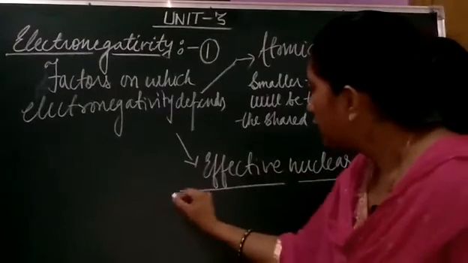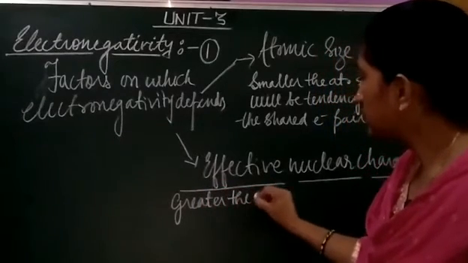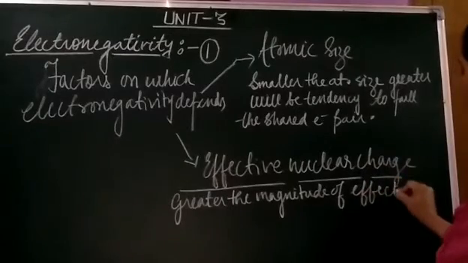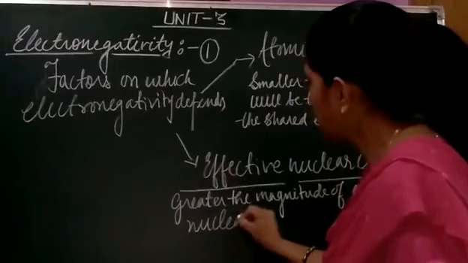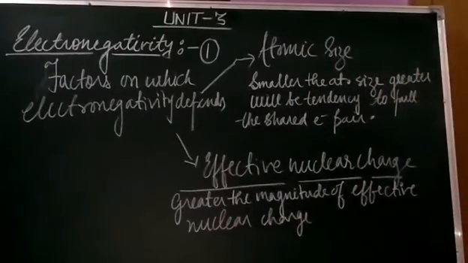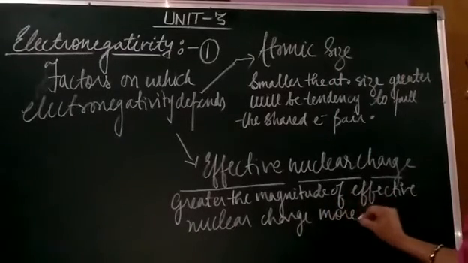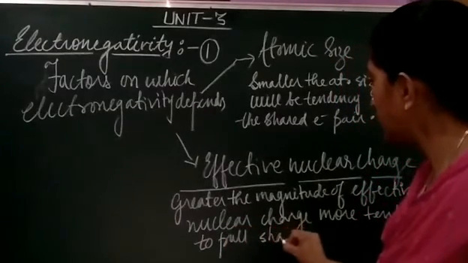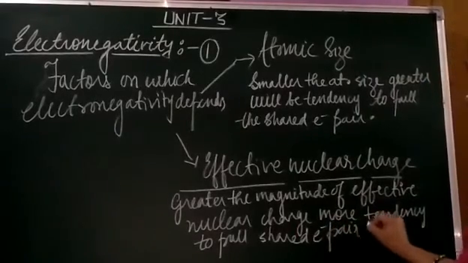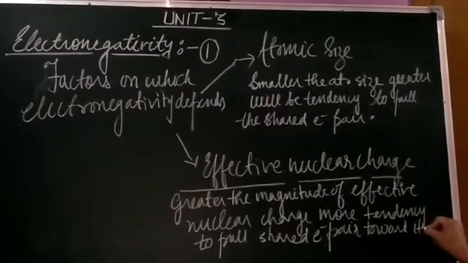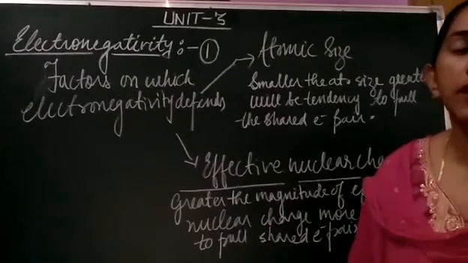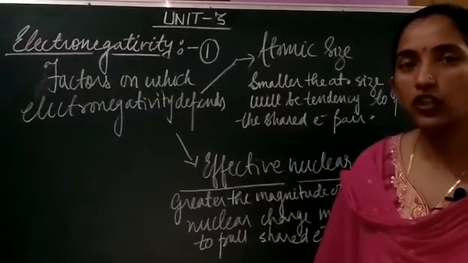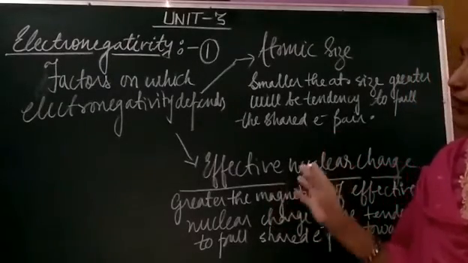So for the effective nuclear charge, the greater the magnitude of the effective nuclear charge, the more tendency to pull the shared electron pair toward it, right? So an atom will have a greater tendency to pull the shared electron pair toward it if it is smaller in size and if the magnitude of the nuclear charge is very high, right students? These are the factors which affect electronegativity.